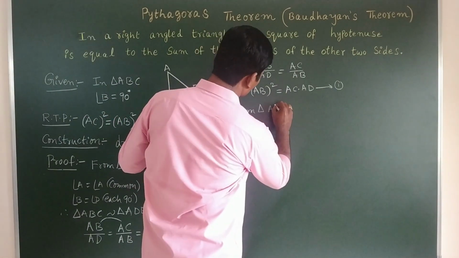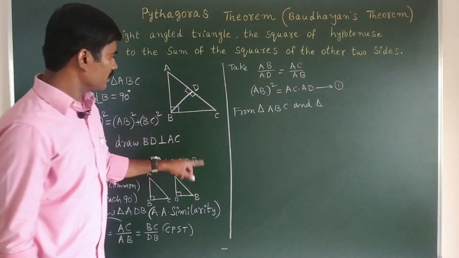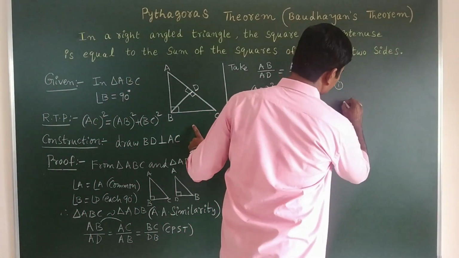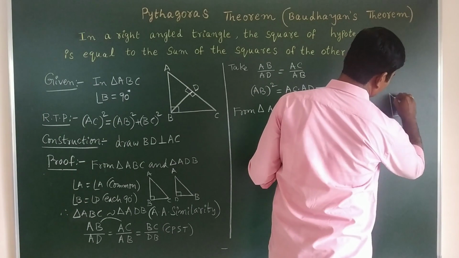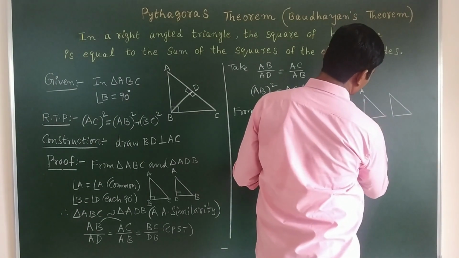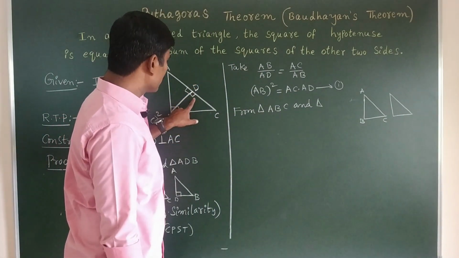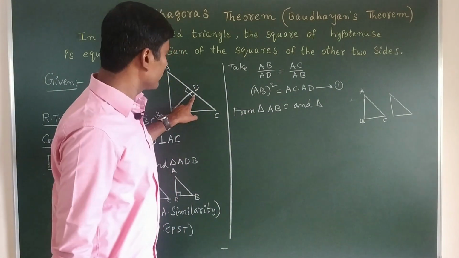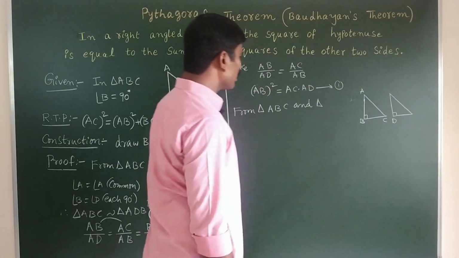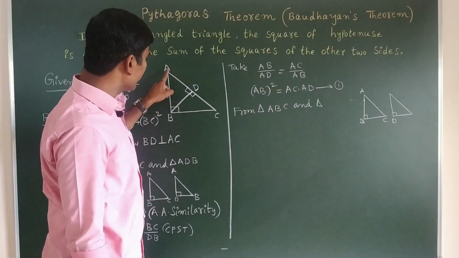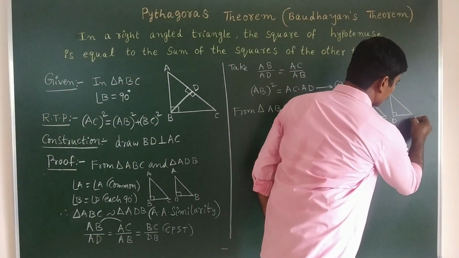And again compare two triangles, the main triangle ABC and this triangle, triangle BDC. To check the order, draw the rough diagrams. In triangle ABC and triangle BDC, angle B is 90 degrees and D is 90 degrees, so keep 90 degrees here, D. And in triangle ABC and triangle DBC, angle C is common, so at the C place, take C here.